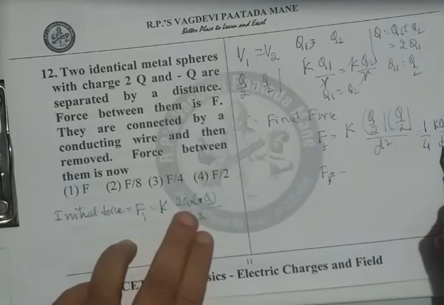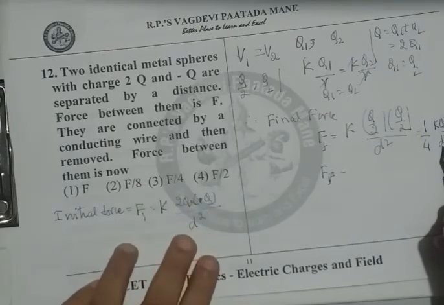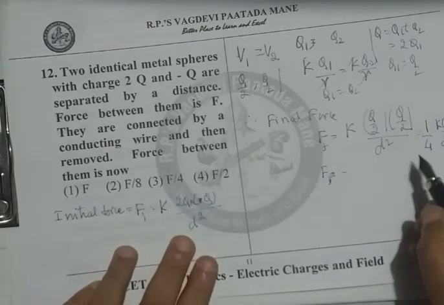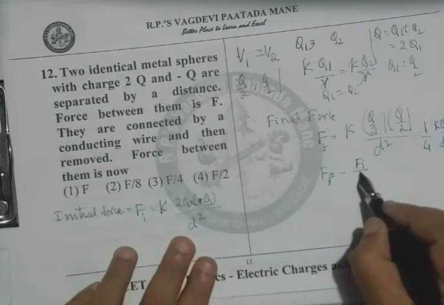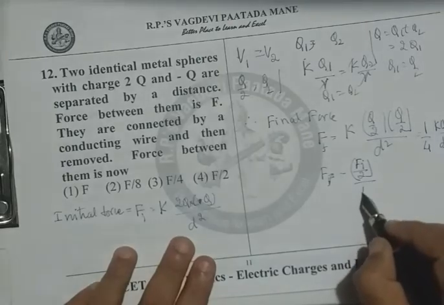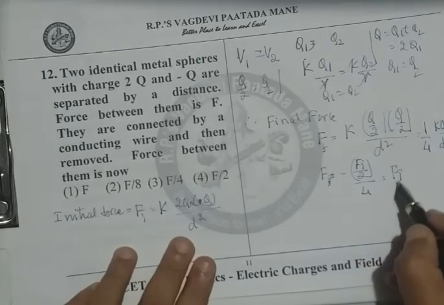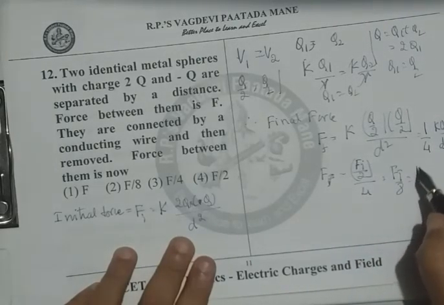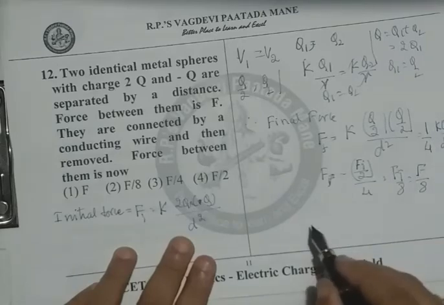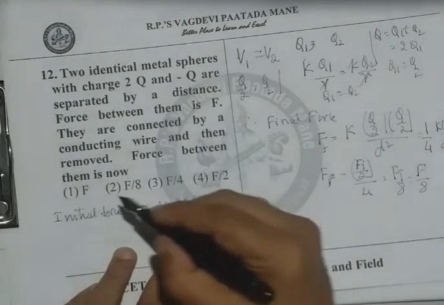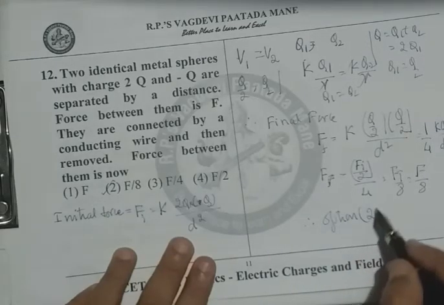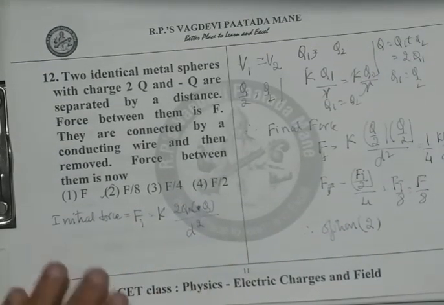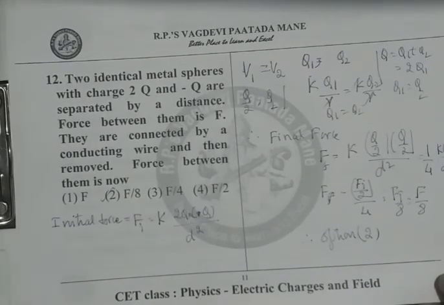Here Fi is 2k q square by d square. Therefore, I can write Ff as Fi by 2 divided by 4. That is Fi by 8, or Ff is nothing but F by 8. Therefore, option 2 is right. Option 2 is right. So this is the 12th question what we learnt.